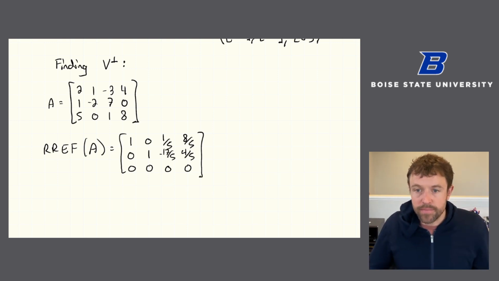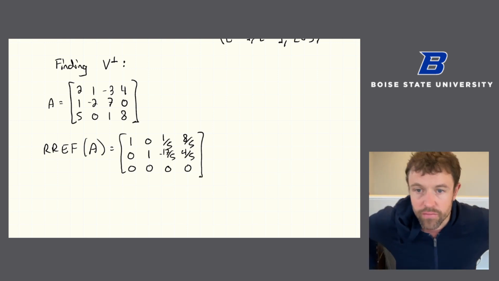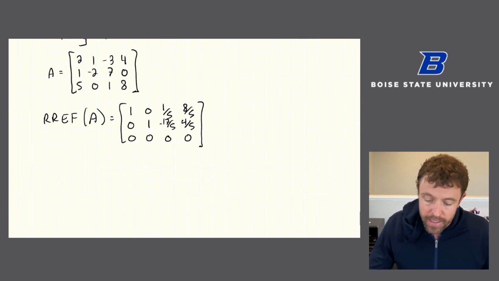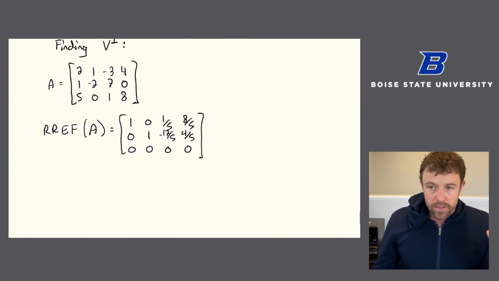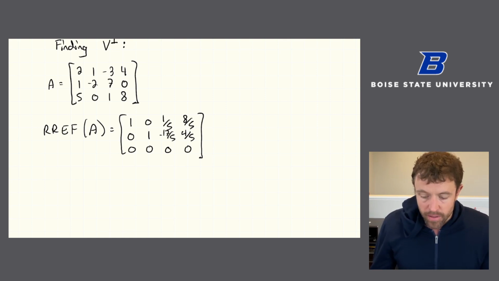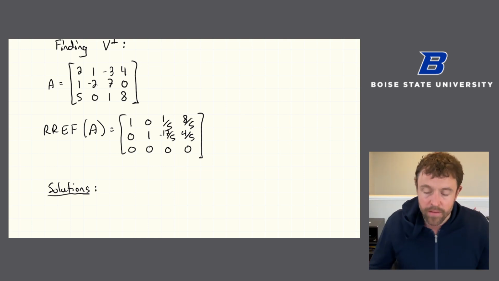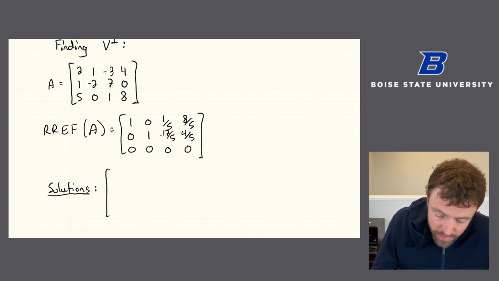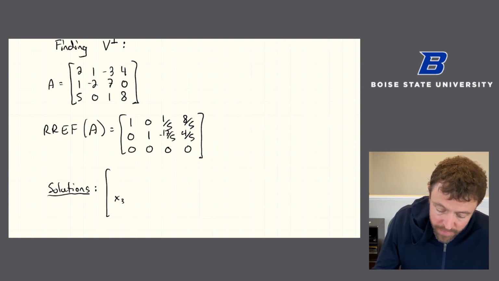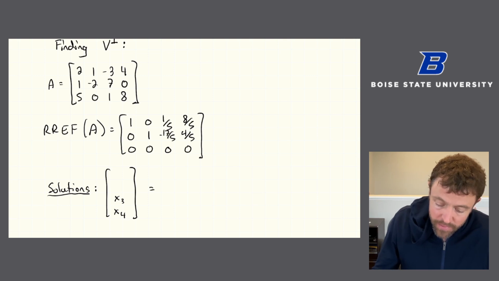So this is the reduced row echelon form of our matrix A. And so that means that the solutions to our corresponding homogeneous system, our free variables are x3 and x4.